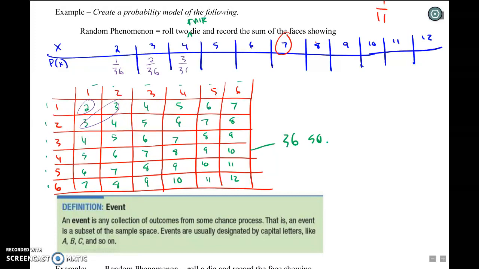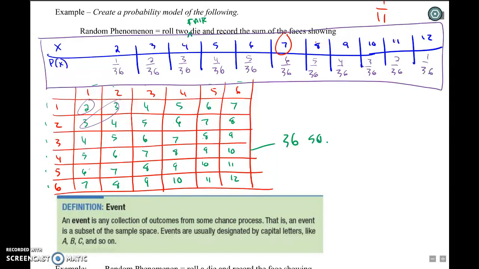There's 3 out of 36 fours. 4 out of 36 fives. 1, 2, 3, 4, 5, 5 out of 36. 7, there are 6 of them. 8, now we're going back down the chain: 5 out of 36, 4 out of 36, 3 out of 36, 2 out of 36, and 1 out of 36. And if you add these up, you'll get 36 out of 36. So this is a probability model, and notice the outcomes are not equally likely.